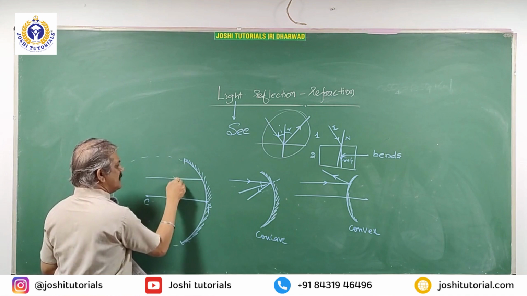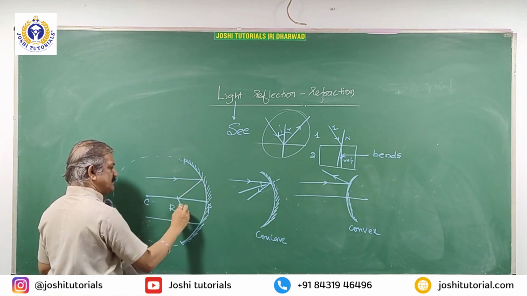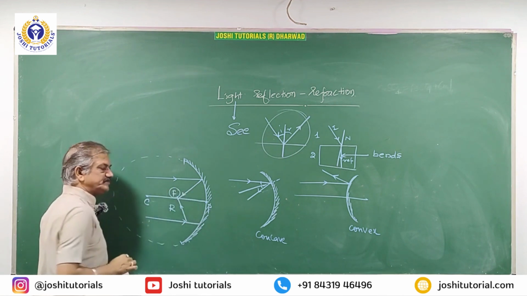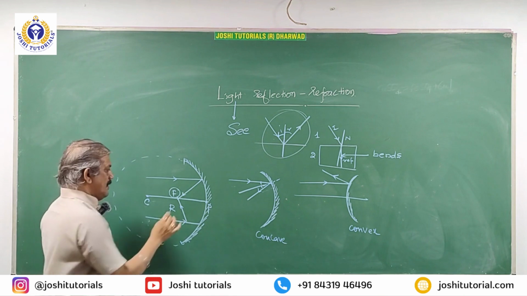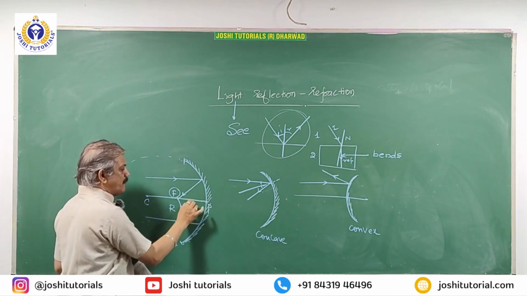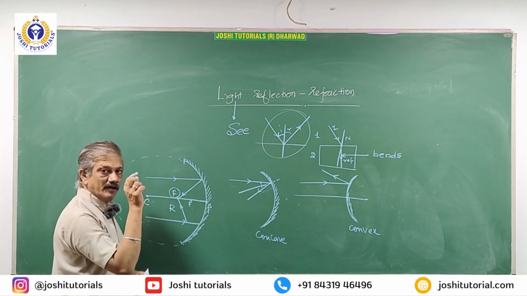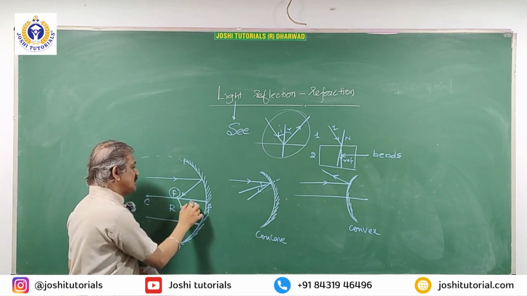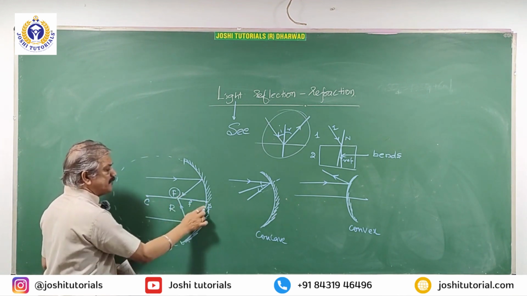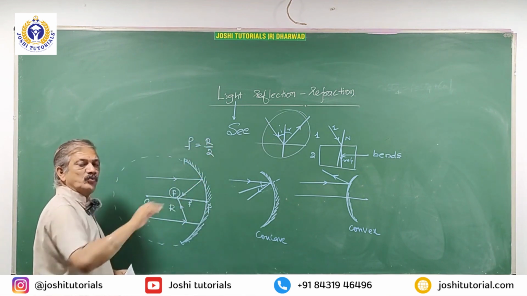After reflection, when rays fall, they meet at a point. It is called focus. The distance between focus and the pole of the mirror is called focal length. Remember, focus is capital F, focal length is small f. This is always half of this. That is why we write f equals r by 2.